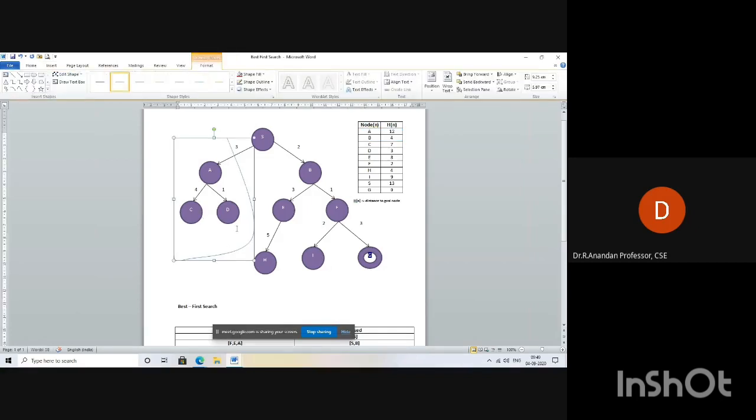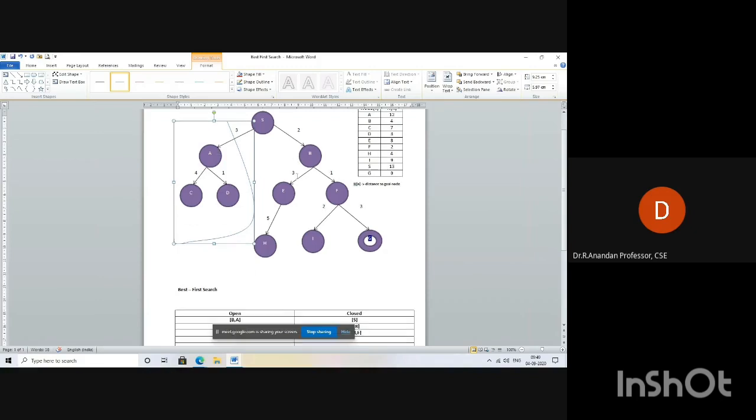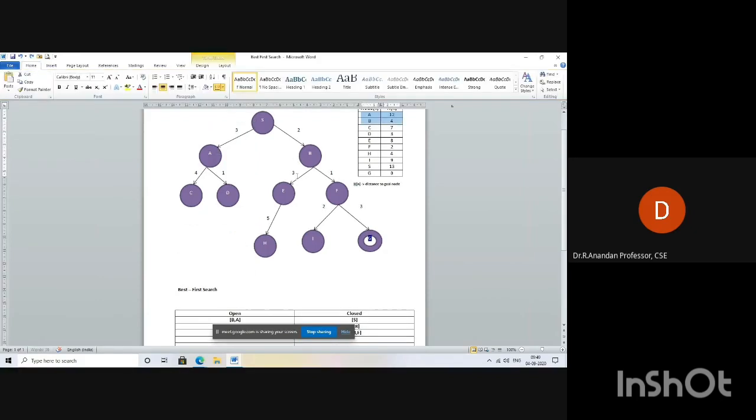Because here the cost is more. So I am following this path. B is minimum, so I am going to this side.